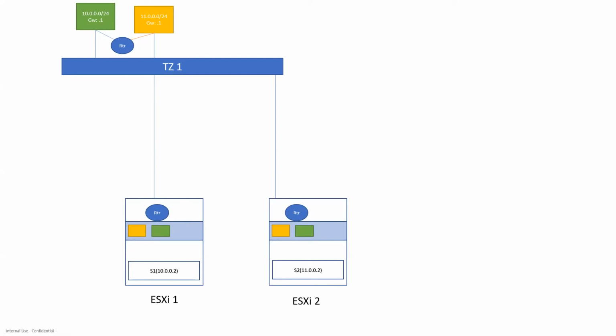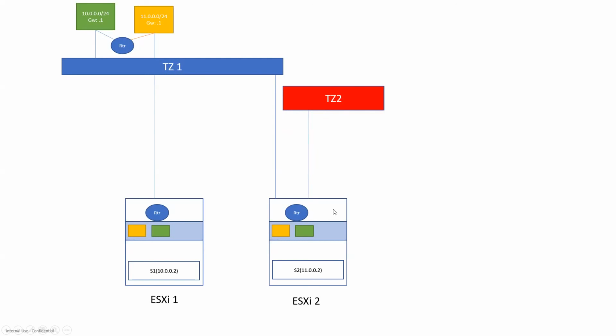Now if you want some segregation or logical separation, then you can always create a different transport zone, right? And create a port group or create a segment here. Let's say that you create a new segment of 12.0.0.0/24, and you associate that segment to this transport zone 2.